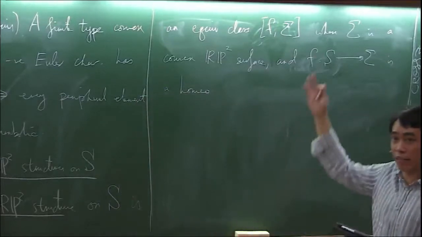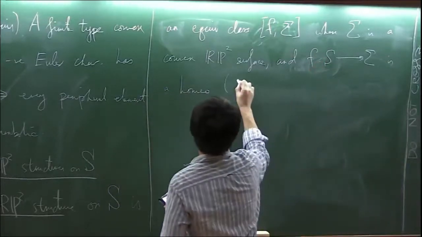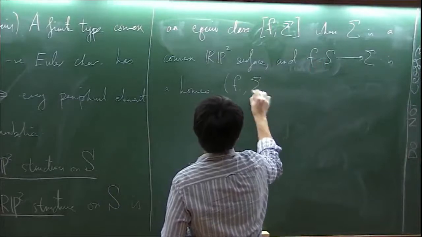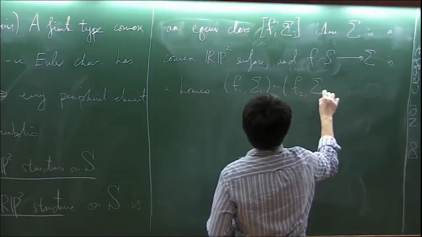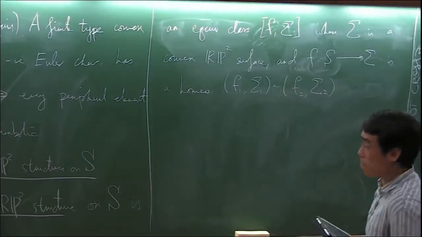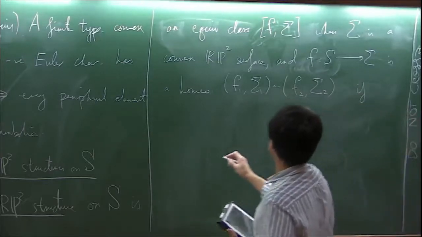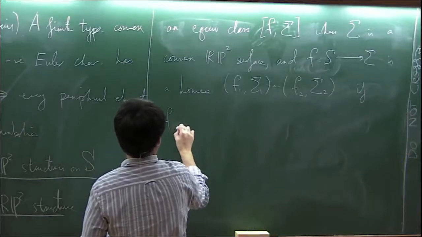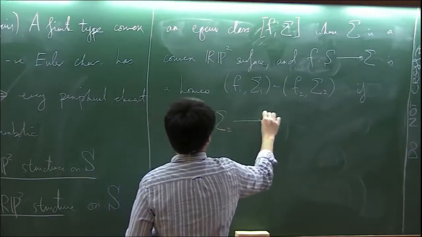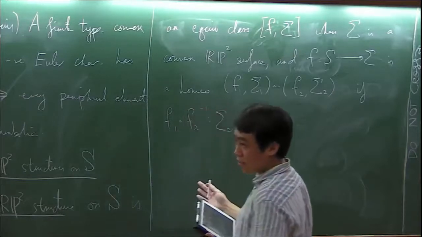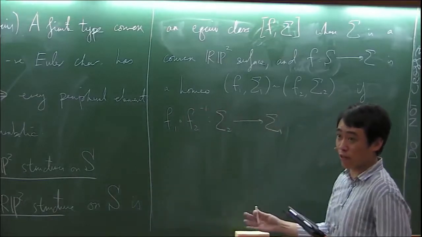Okay, and what is the equivalence relation here? So I say that one such pair, F1 sigma 1, is equivalent to another pair, F2 sigma 2, if F1 composed with F2 inverse, from sigma 2 to sigma 1, is isotopic to a projective isomorphism.